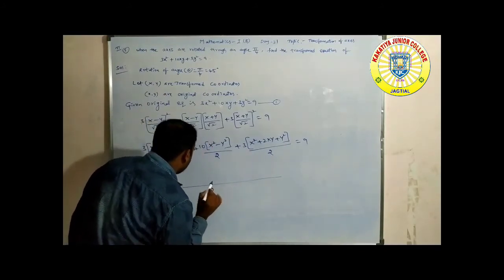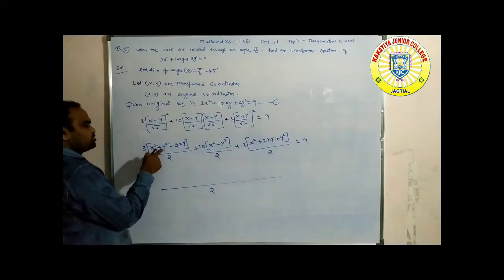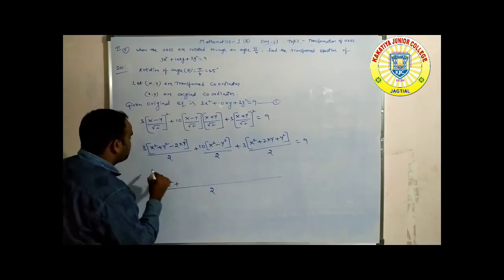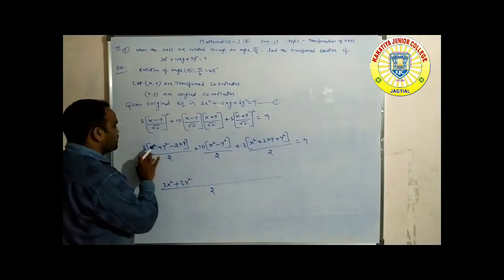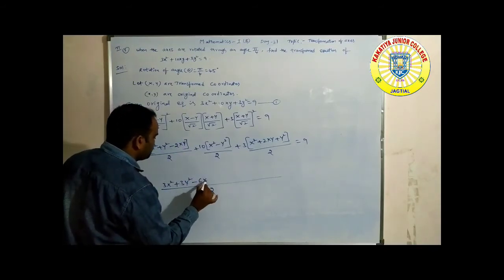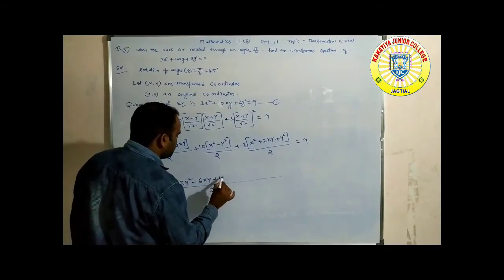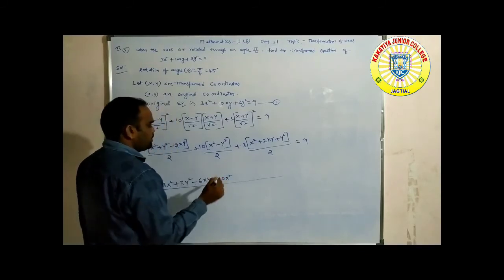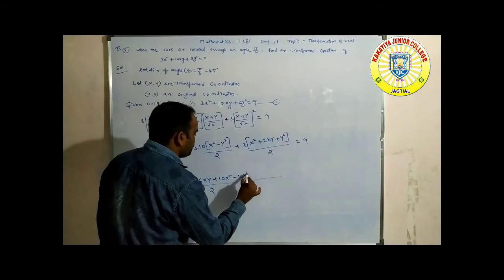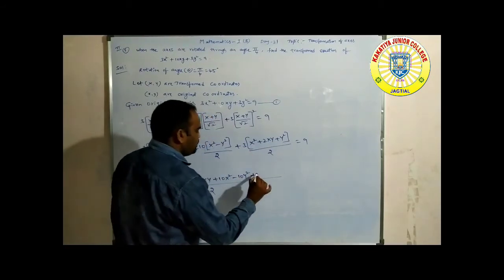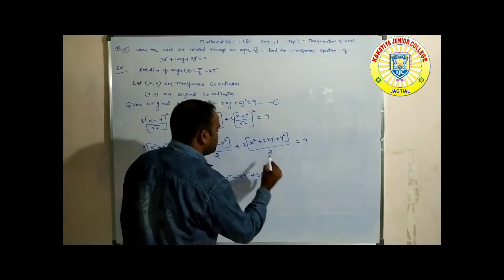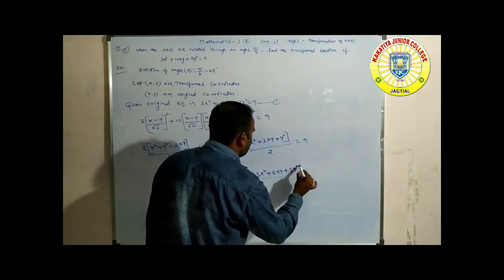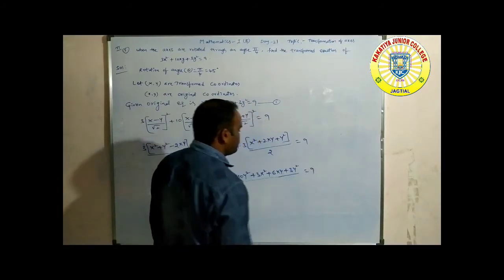Now these terms you multiply inside. 3 into capital X square plus 3 into capital Y square, 3 into minus 2, minus 6 capital X capital Y, plus 10 into capital X square minus 10 into capital Y square plus 3 into capital X square, 3 into 2, 6 capital X capital Y, plus 3 into capital Y square is equal to 9.